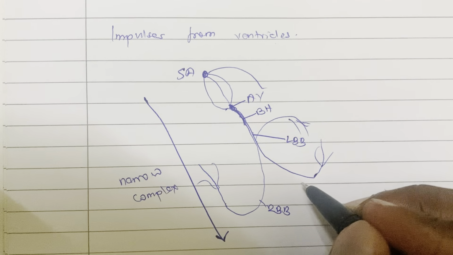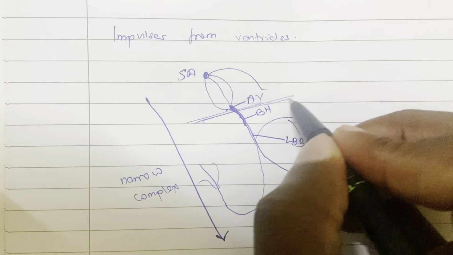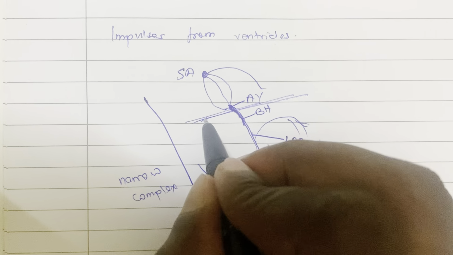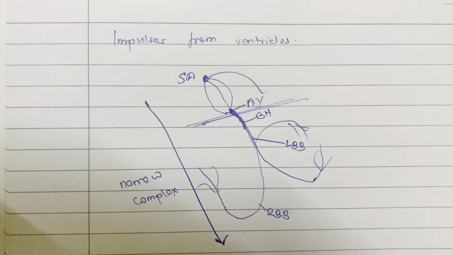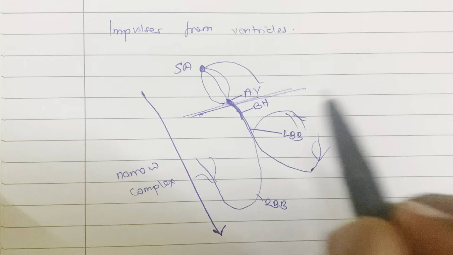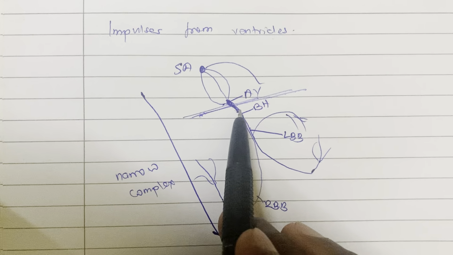If the impulses, for example, originate below this line, then it will produce wide complex. If it is here, it may appear to be a narrow complex because it is within the conduction system.